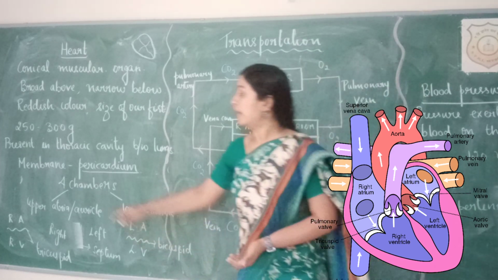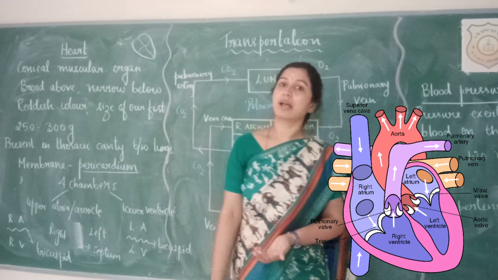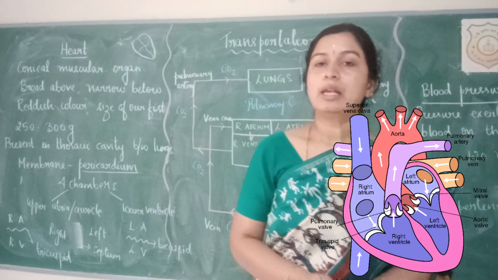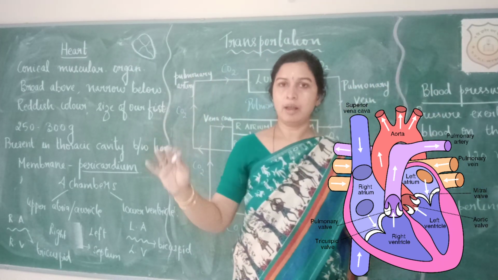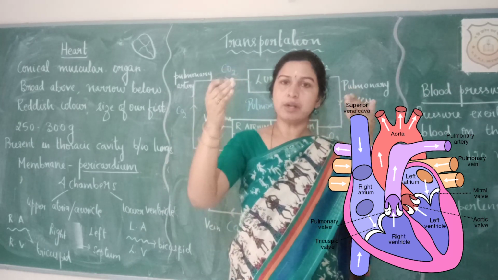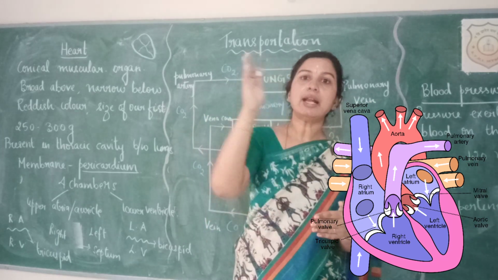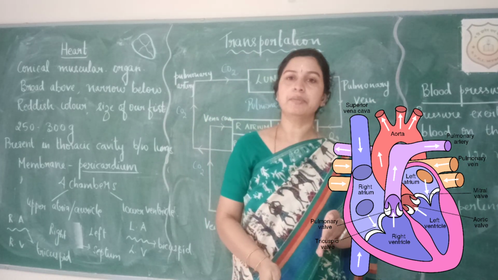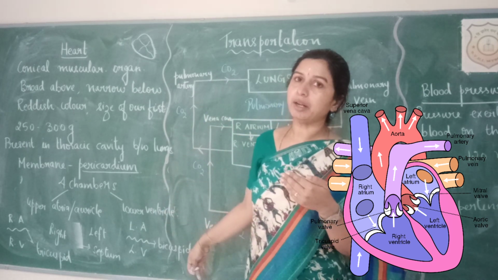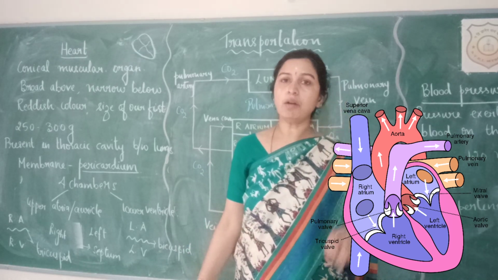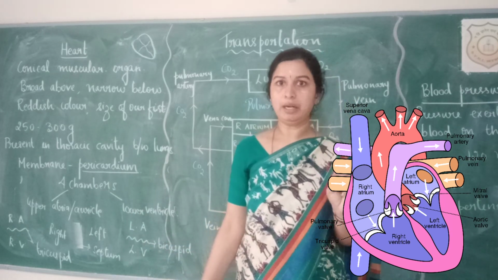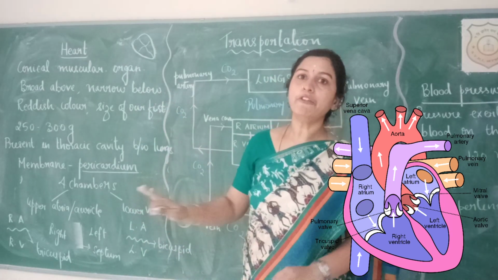And the right atrium and the right ventricle are separated by tricuspid valve. Okay, so remember, the outermost membrane is pericardium, and in between there are 4 chambers, upper 2 chambers, lower 2 chambers. The left side and right side are separated by septum, and the left atrium and the left ventricle are separated by the bicuspid valve, and the right atrium and the right ventricle are separated by the tricuspid valve. So this is the structure of the heart.